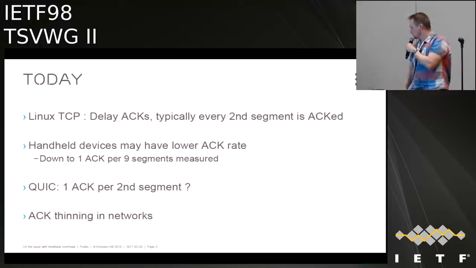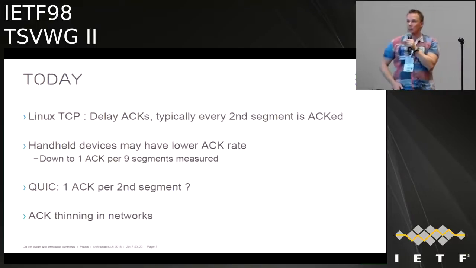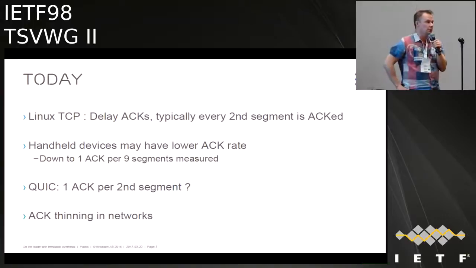Can take the next one. If we look at the implementation today, in the Linux TCP stack you typically have delayed ACKs, which means that every second segment is ACKed, when you run experiments between 2 Linux hosts. Handheld devices, on the other hand, may have a lower ACK rate.